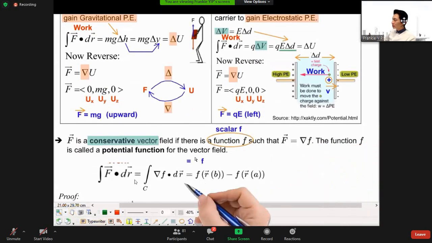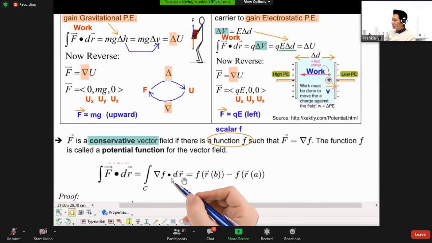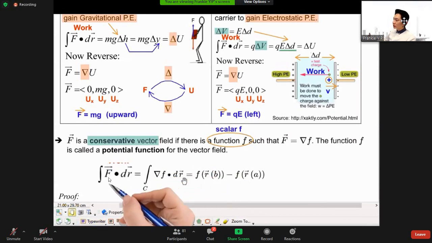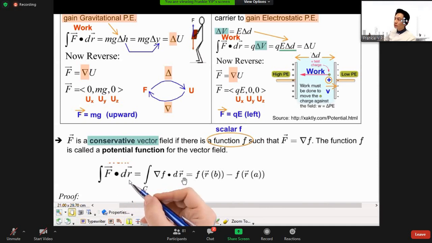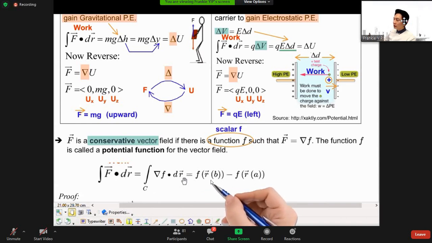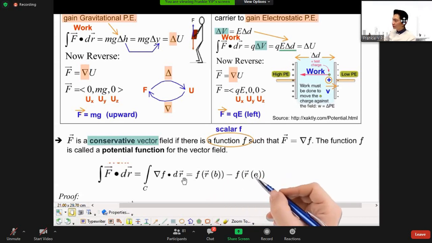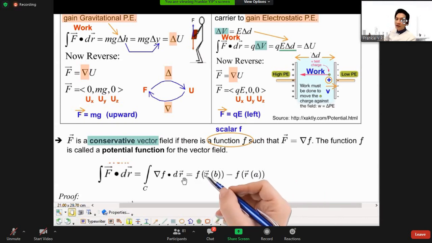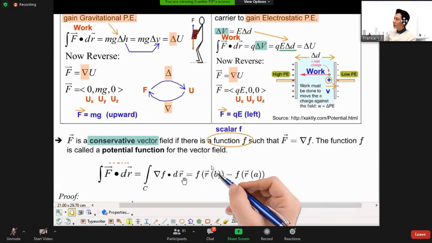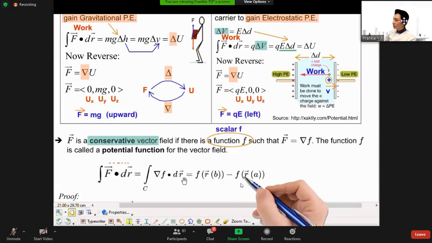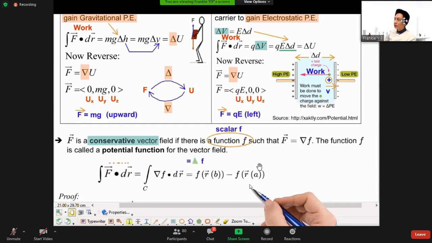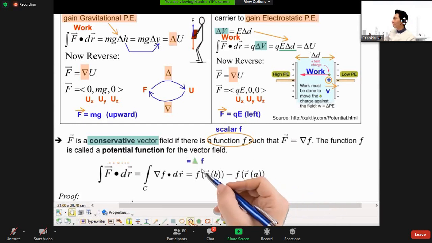So this is exactly equal to the integral of the capital letter F dot dr, which equals F at the final destination minus F at the initial point. Once again, the potential function at the final point minus the potential function at the initial point. Got it? Because it's equal to delta F.